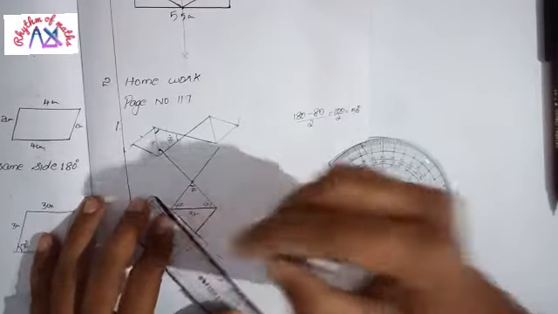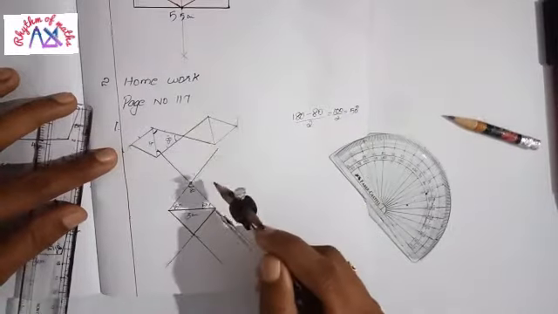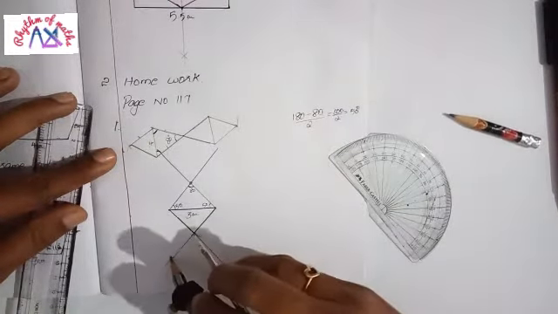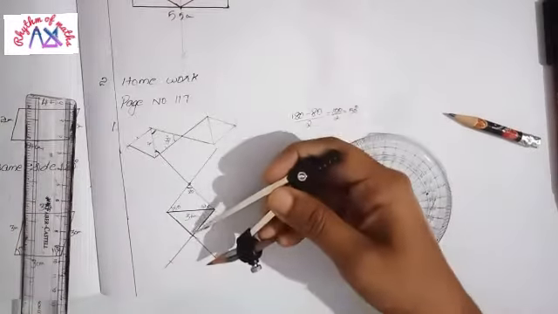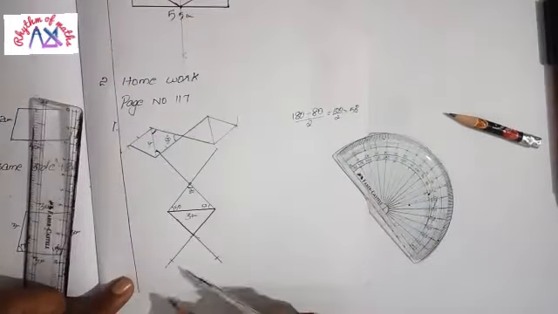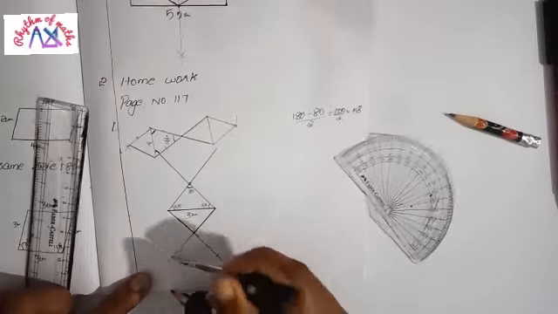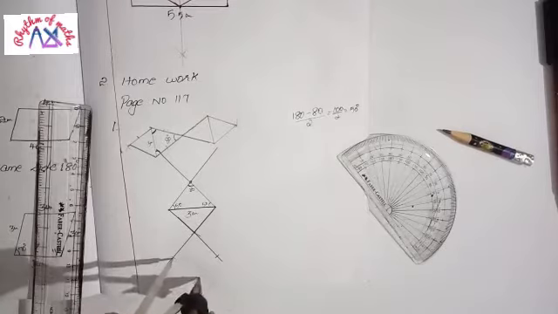Now we know one side of the rhombus, that we already measured in the compass. From this corner point, draw one arc on the first line. Then from the same point, draw one arc on the next line. So we got two lines here. Now from the same point, draw two arcs like this. Listen carefully.